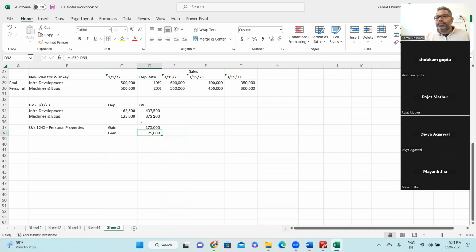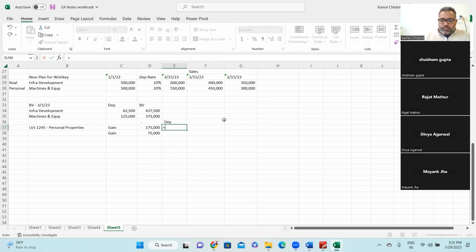So the gain is this in the second scenario. So here in this 175, how much amount of depreciation do you have? 125,000. And the same is the case here, 125,000.